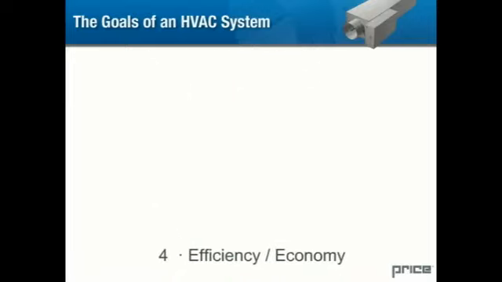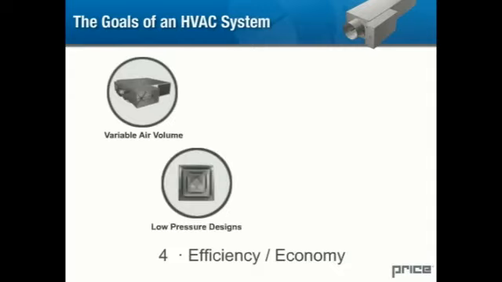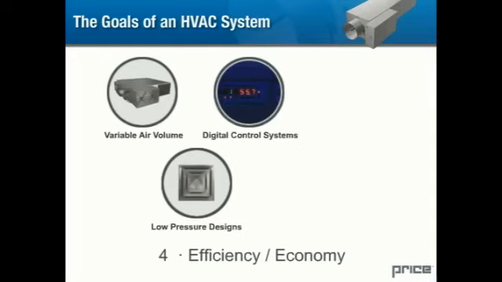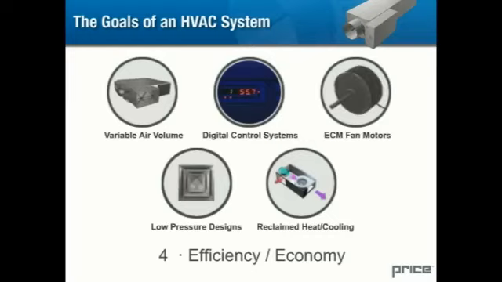Energy-efficient HVAC systems might incorporate variable air volume designs, components designed for operation at low pressures, digital control systems, mechanisms for reclaiming heating or cooling benefits from recirculated air, and high-efficiency ECM fan motors. Many Price products are designed specifically with energy efficiency in mind.